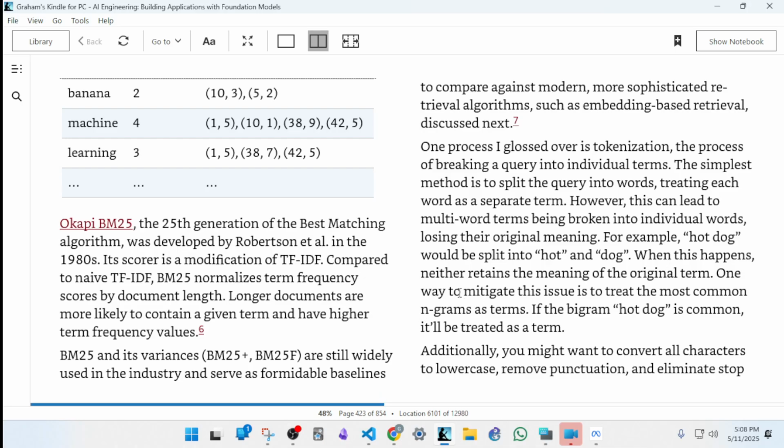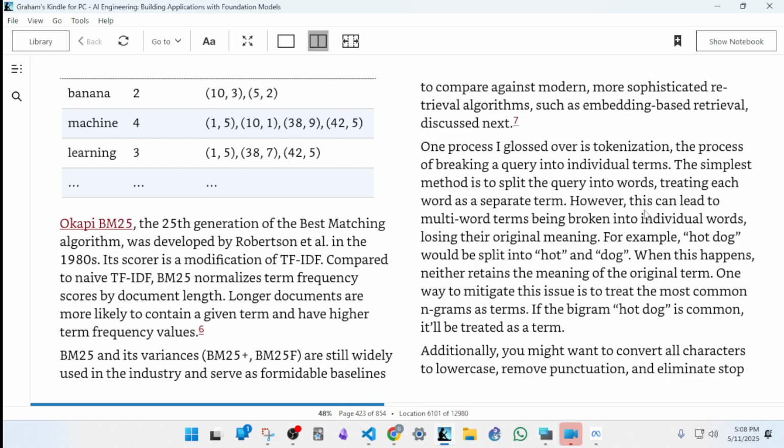One way to mitigate this issue is to treat the most common n-grams as terms. If the bigram hot dog is common, it'll be treated as a term.